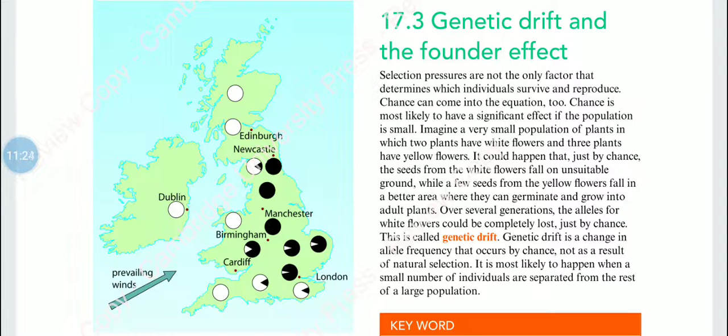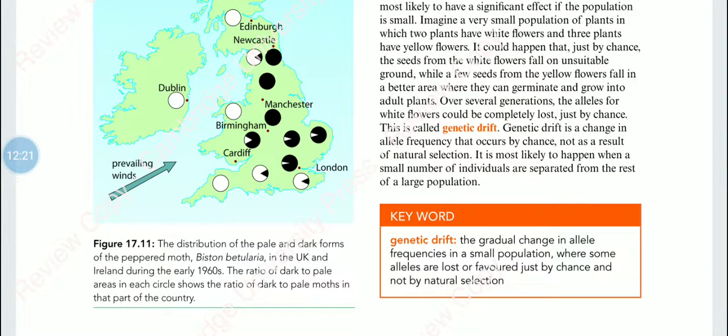For example, in a very small population of a species, two plants, one having white flowers, the other having yellow flowers, where seeds of the white flower fall on unfavorable soil and die out, but seeds of the yellow flower fall on good soil and develop into adult plants, resulting in white flowers dying off but yellow flowers thriving. This process is known as genetic drift.